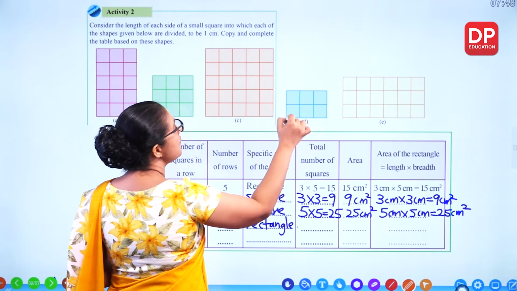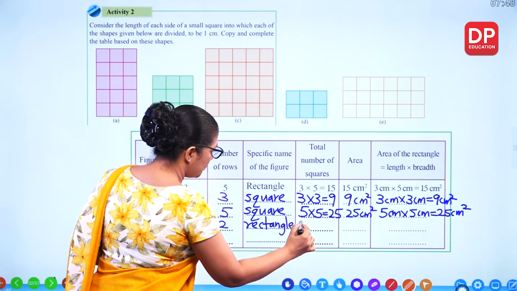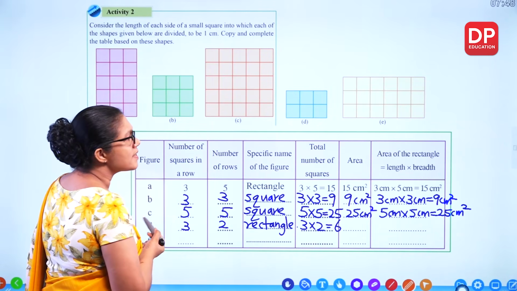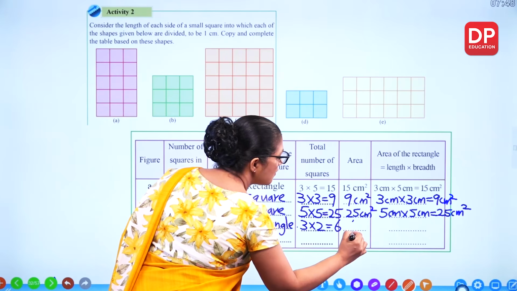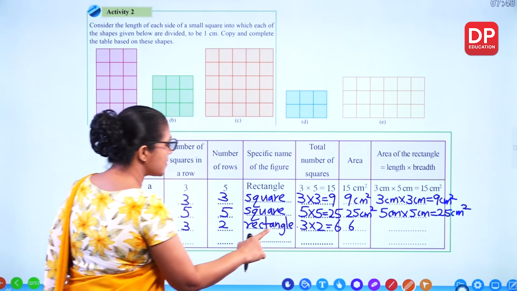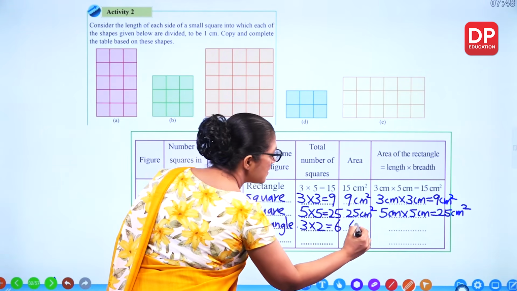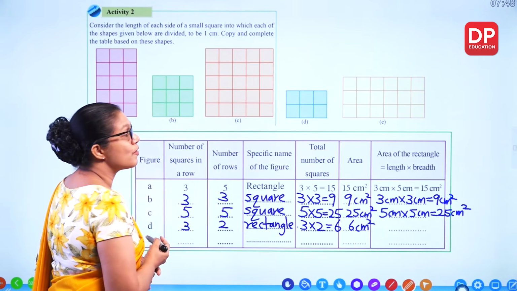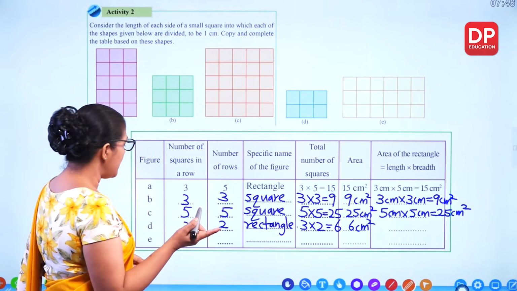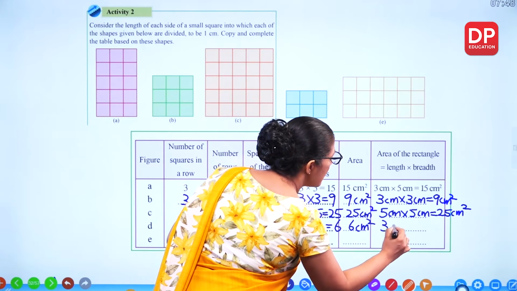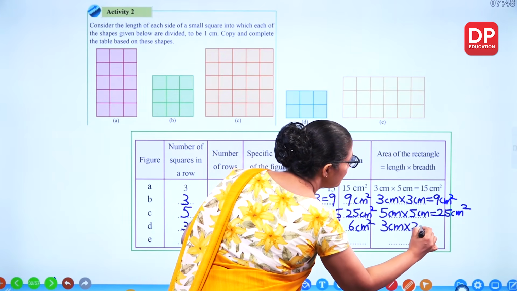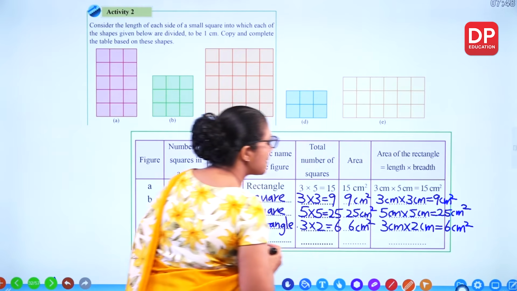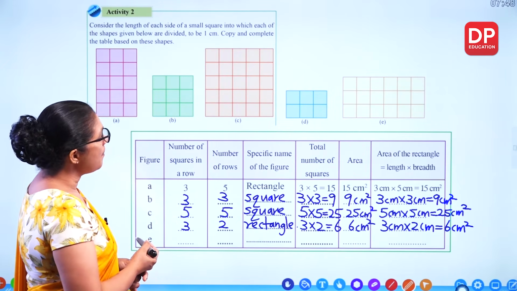So 1, 2, 3, 3 times 2. That's 6. So what's the area? 1 square is 1 square centimeter. So that means 6 square centimeters. So if you take length into breadth, you get the area. That's 3 times 2. 6 square centimeters.